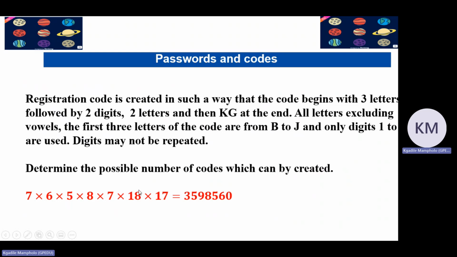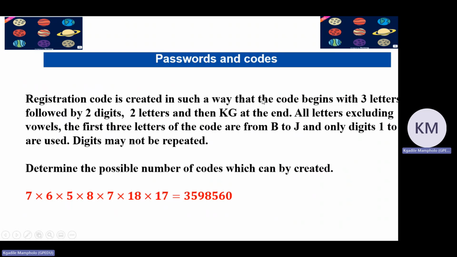Then when you choose the letters after the digits, you'll be choosing out of 18. Then when you choose the second letter, you'll be choosing out of 17. I'm saying this kg is removed from this statement.